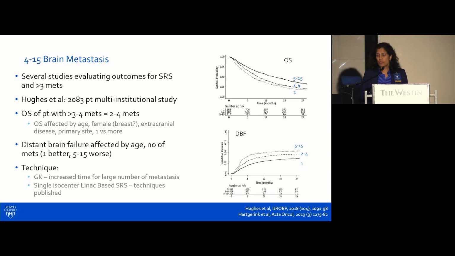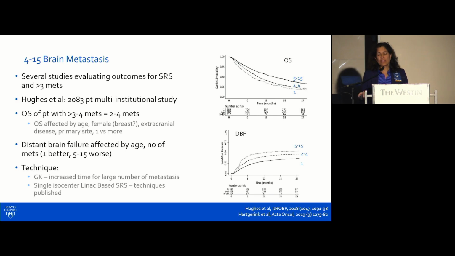So moving forward, 4 to 15 brain metastases. There have been new data looking at the evaluation of different types of approaches for more than 3 metastases. There is a publication by Hughes where they looked at over 2,000 patients, multi-institutional, and they did notice that the outcomes do vary by the number of brain metastases.